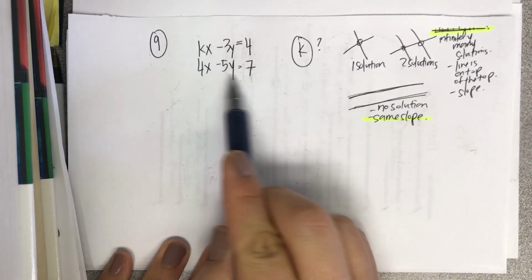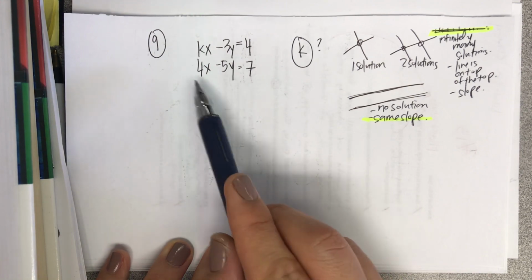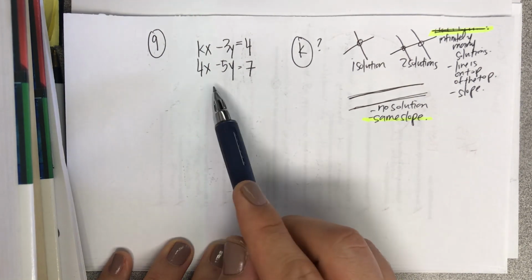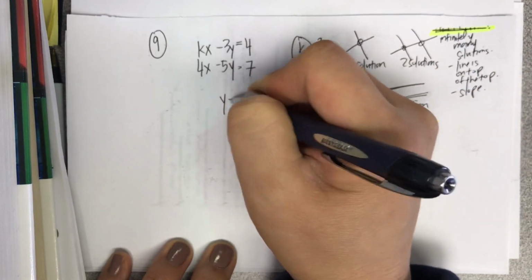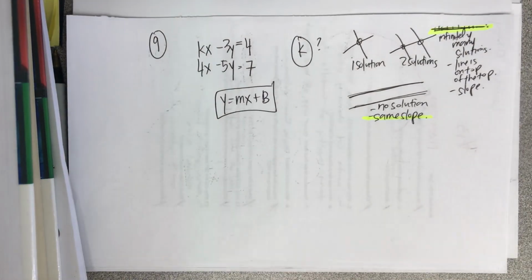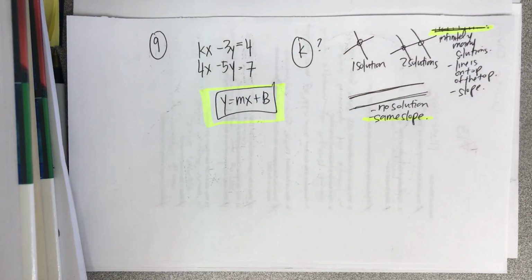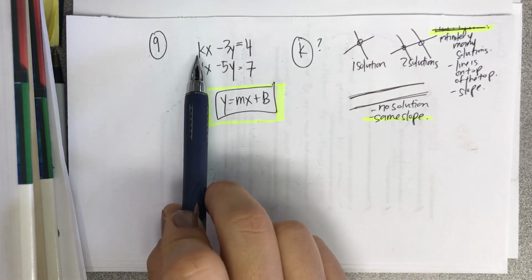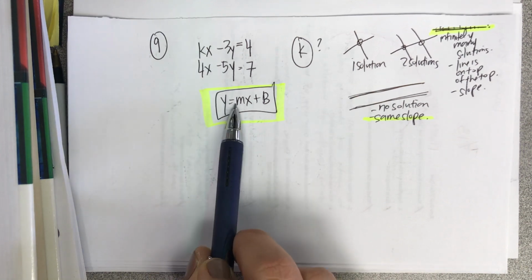When I look at these two lines, what I see is that every single one has a y and it has an x. I want to remind you again, just like the last question, y equals mx plus b is the slope formula that you must memorize. So if I need to find out what is k, notice that the k is next to the x.